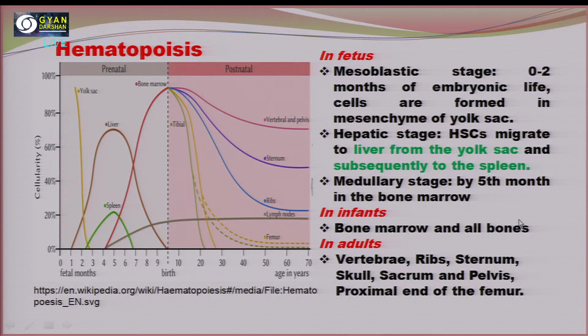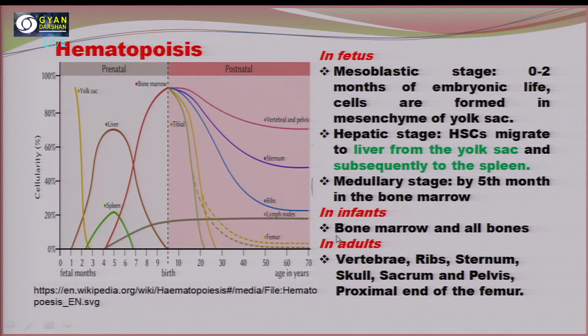In fact, bone marrow is present in all bones. In adults, it is in the vertebrae, ribs, sternum, skull, and pelvis, and the proximal ends of the femurs. So the formation of the B cells and T cells and their maturation takes place there. So this is hematopoiesis. It starts from the fetus to the adult. In the fetus, the yolk sac, liver, and spleen are involved, and after birth, in the infant, the bone marrow and all bones are involved in the formation of the B cells and T cells.